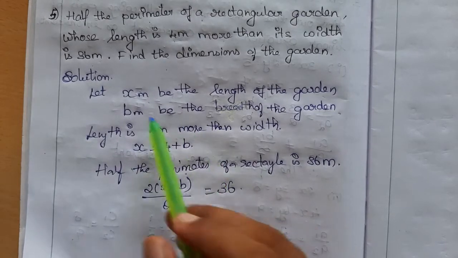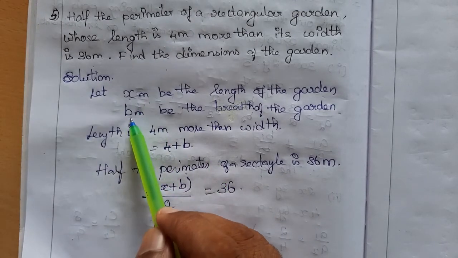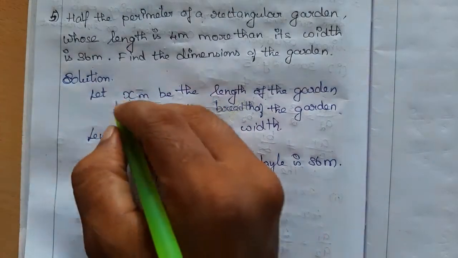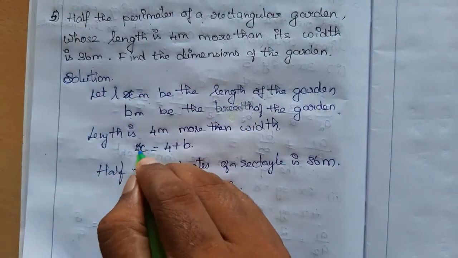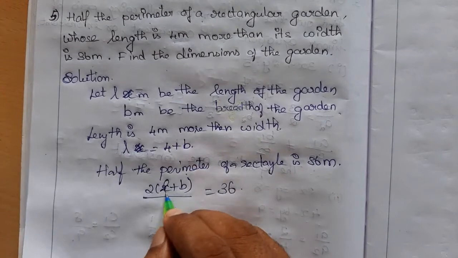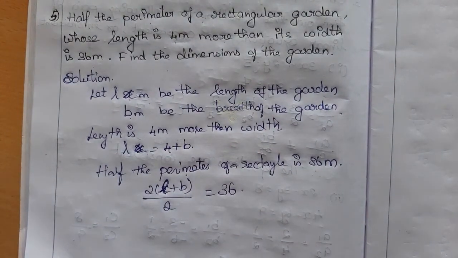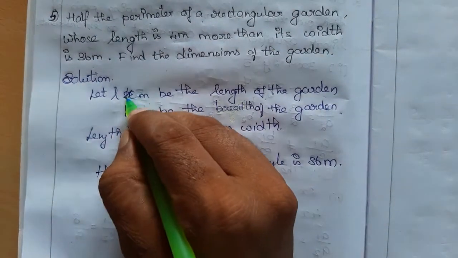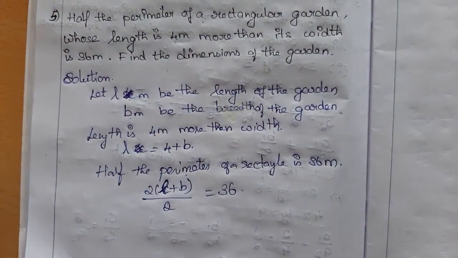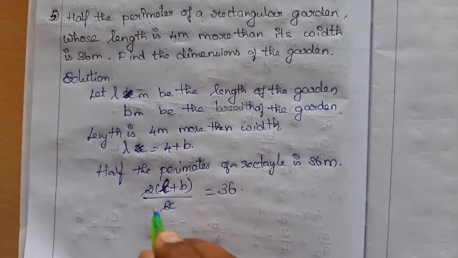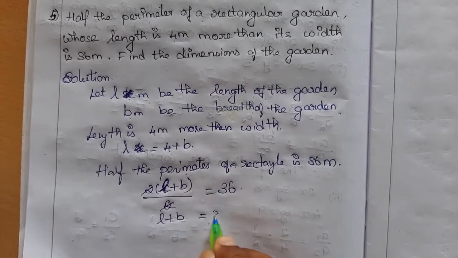You can even consider x as L and b as the breadth, so it will be very easy for you, right? L plus b, so now you substitute here, that 2 will cancel. So L plus b is equal to 36.